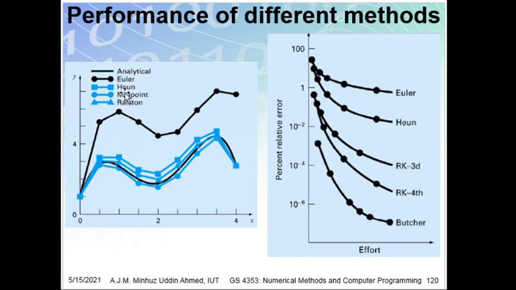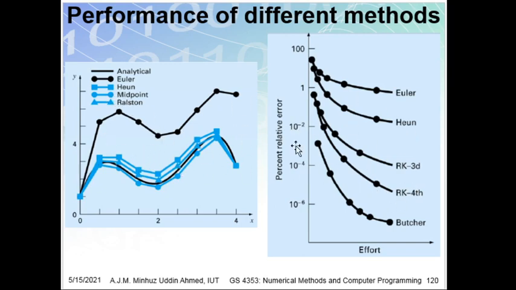And if you see all the other methods, Heun's method, midpoint, and another Wellstone method that we haven't discussed, and the Butcher method, and the fourth order Runge-Kutta method I have discussed, but I haven't given any mathematical explanation or worked out any problem. But all the methods are there.